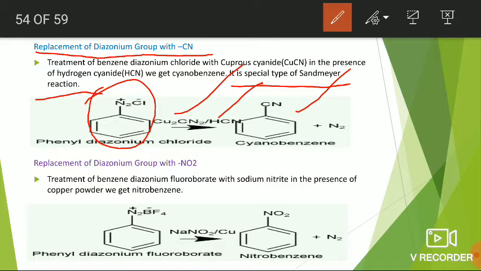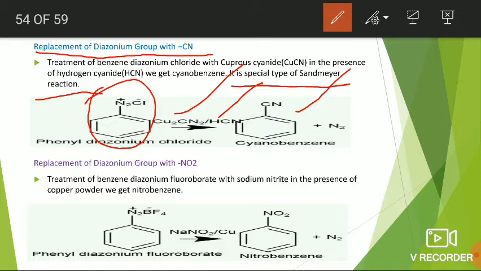But here, instead of cuprous halide, we have to take cuprous cyanide, and instead of hydrogen halide, we have to take hydrogen cyanide or alkali cyanide. So it is a special type of Sandmeyer reaction. We get the corresponding cyanoarenes from phenyl diazonium salts or benzene diazonium salts. We can get cyanobenzene.